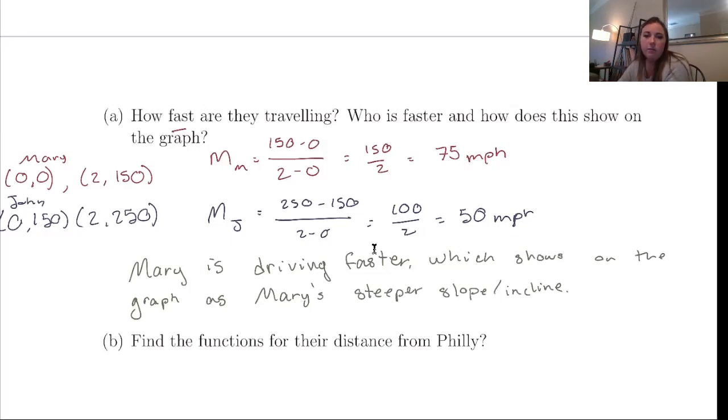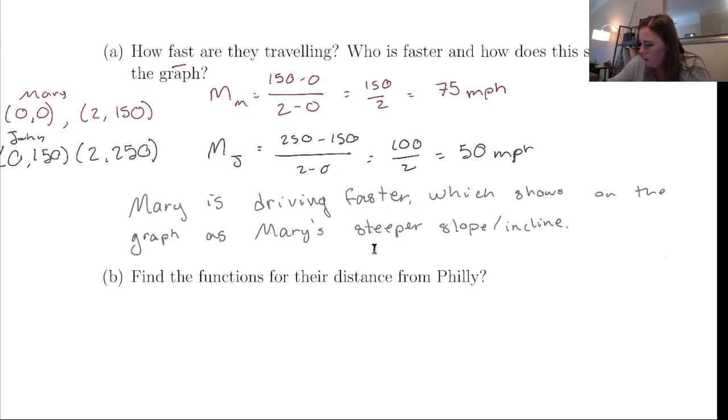So now we're asked to find functions for their distances from Philly. All right, so let's call Mary's function m of x, and we'll call John's j of x. We've already done half the battle, right?